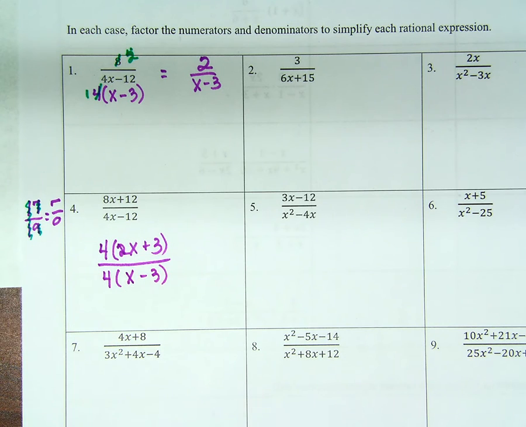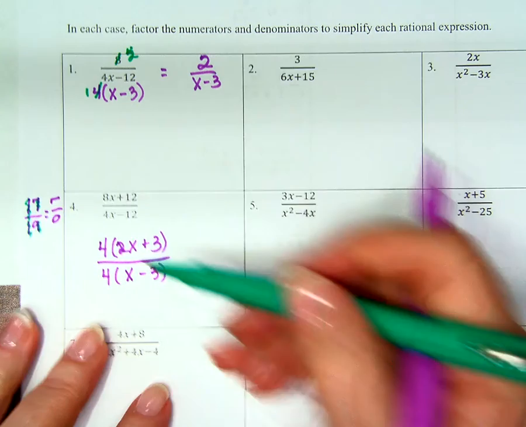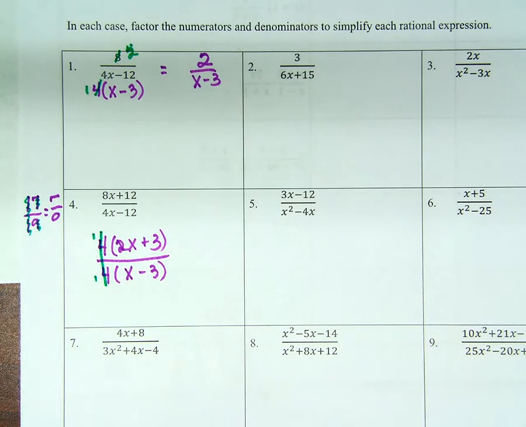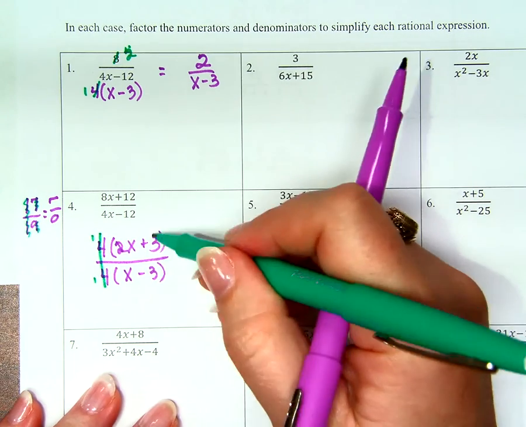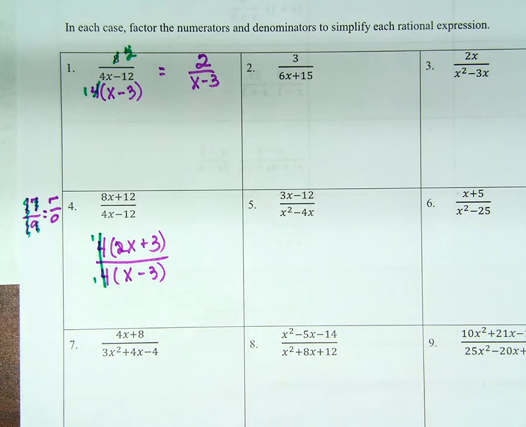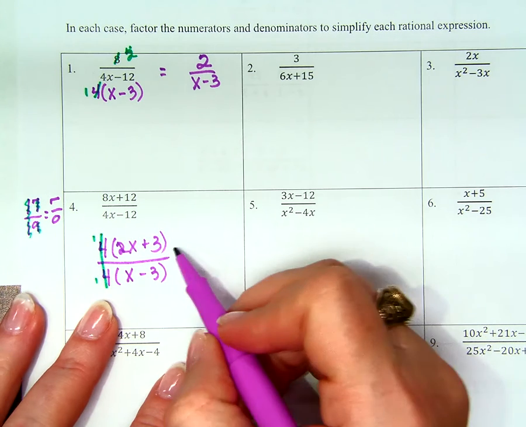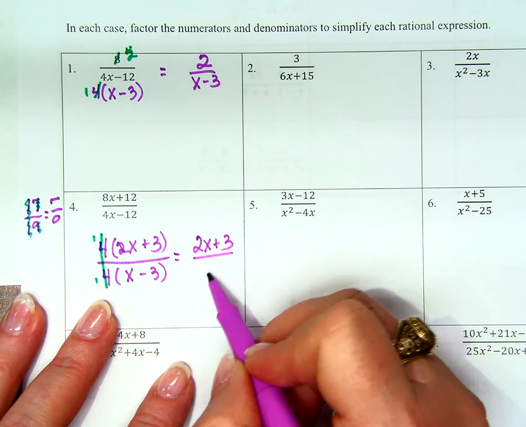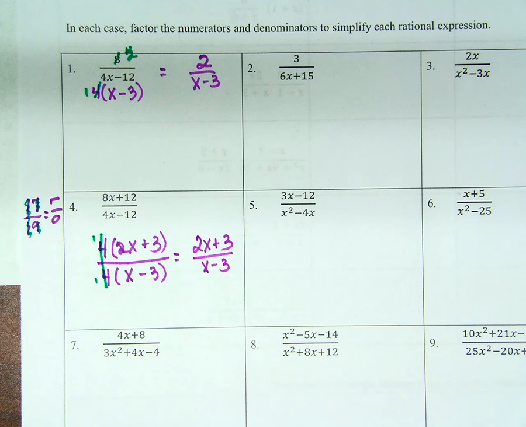Okay, so what factors do the numerator and the denominator share? A 4. Those simplify to 1, right? Can I cross out the 3s? No, because that's ridiculous, right? So what's our answer then? 2x plus 3 over x minus 3, right? Very good.